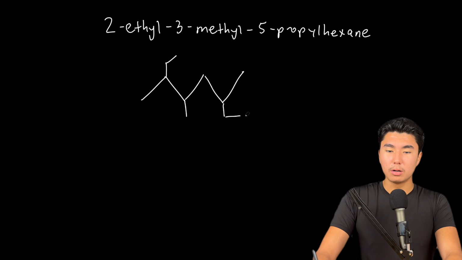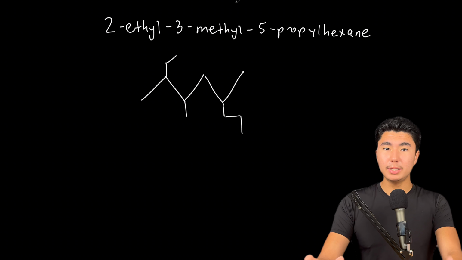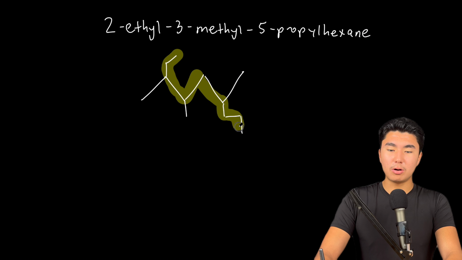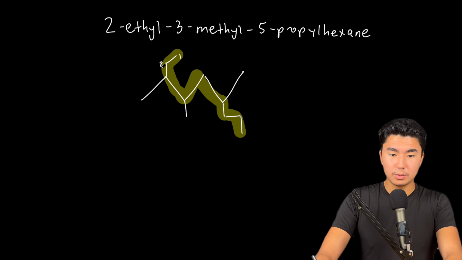We have our propyl. Now from here, we're going to identify our longest parent chain from this carbon over here, descending down that zigzag all the way down to this propyl, the end of that propyl. And this is going to turn into 1, 2, 3, 4, 5, 6, 7, 8, 9.